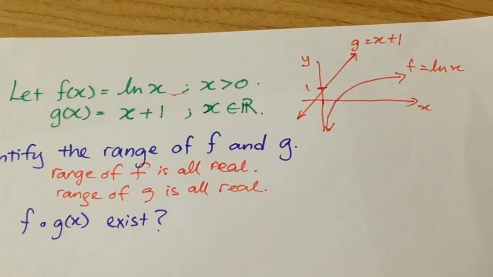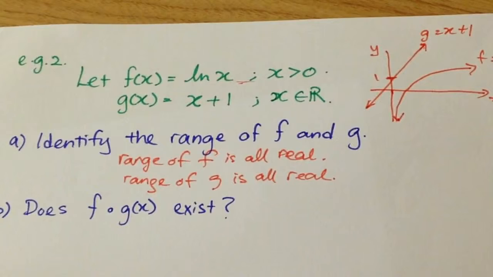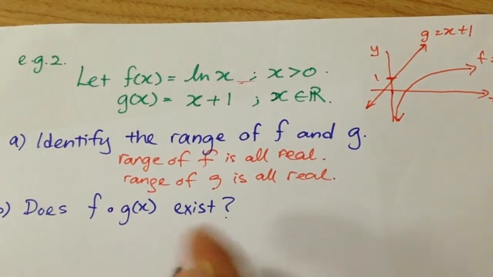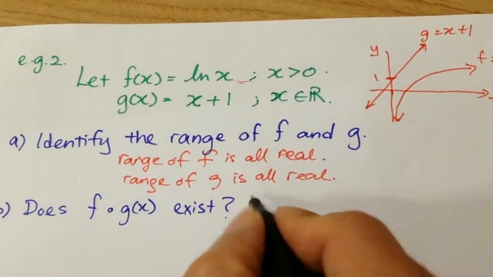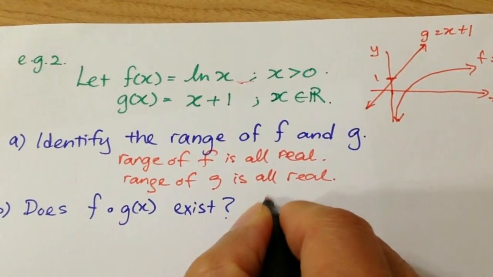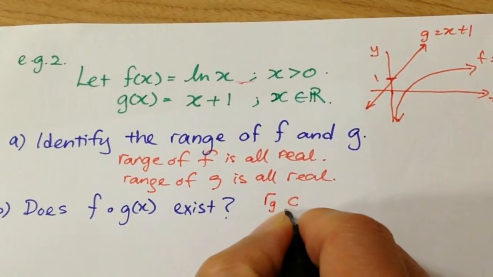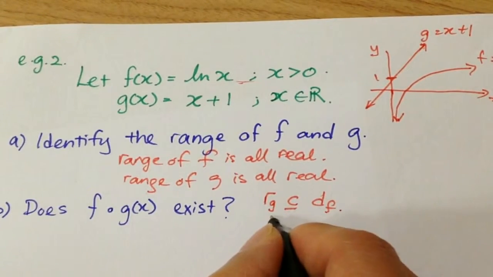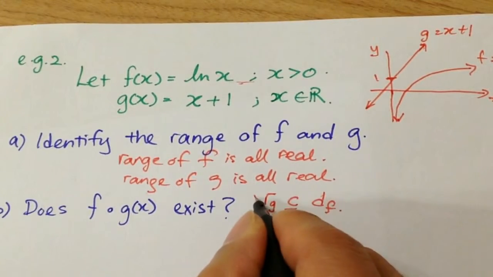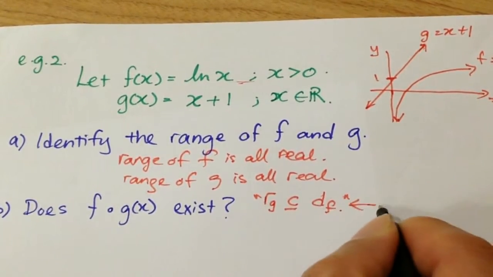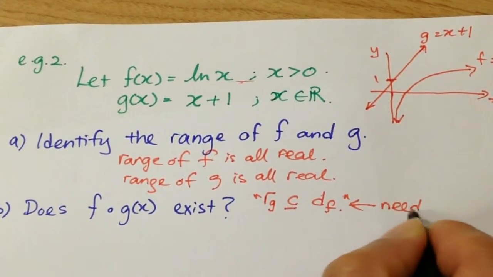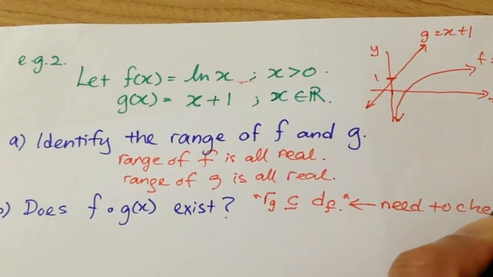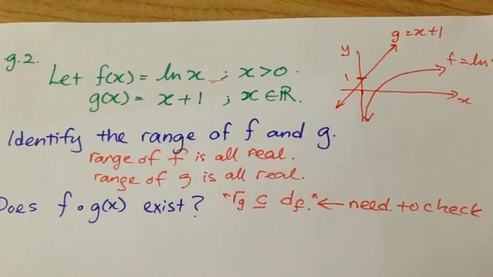All right, then we have to consider this question. Does f of g of x exist? For f of g to exist, we need the range of g to be a subset of the domain of f. This is what we need to check. And if we have this condition, then we can say that our composition exists.